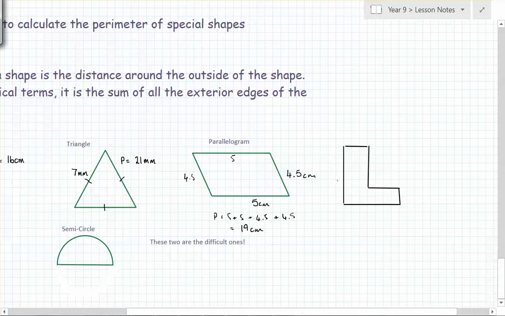For instance, if I told you that was 8 centimetres, this was 3 centimetres, this was 7 centimetres, and this was 5 centimetres, what would the perimeter of a shape like this be?